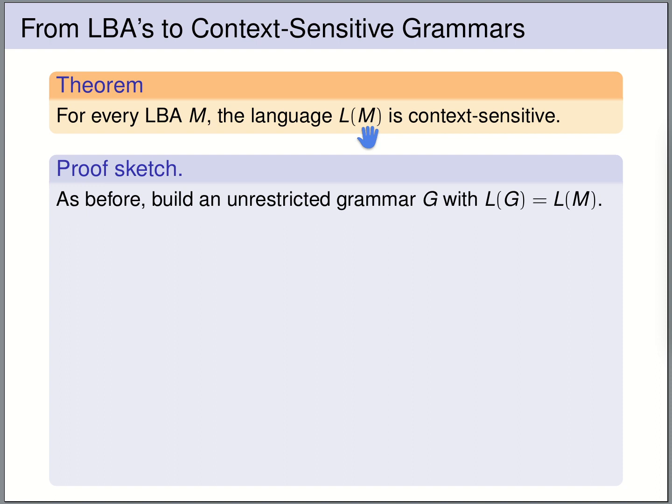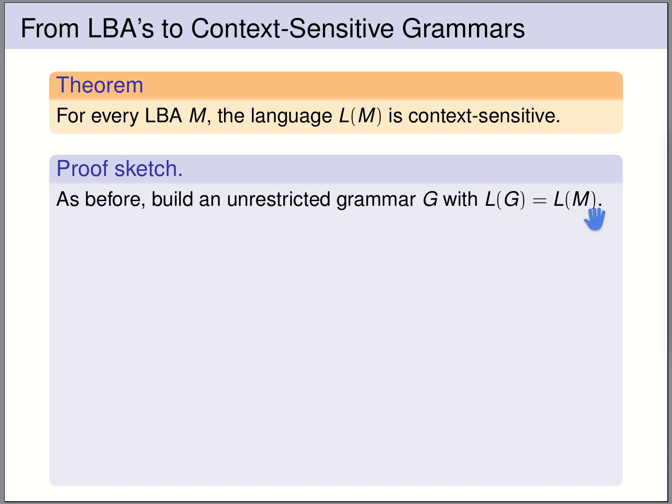We have seen how we can translate Turing machines into unrestricted grammars in such a way that the language generated by the grammar is the same as the language accepted by the Turing machine. Now the same transformation we can also apply to linear bounded automata, because linear bounded automata are Turing machines.